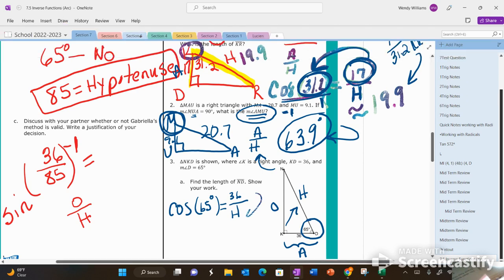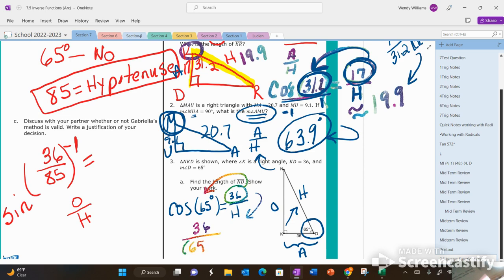If your variable's on the bottom, take what's on the top and divide it by what's on the left. It's going to go in your calculator. 36, 65, then hit cosine. What do you get?